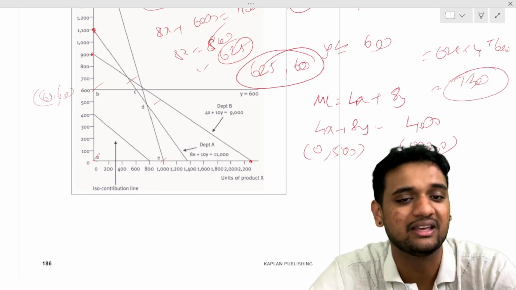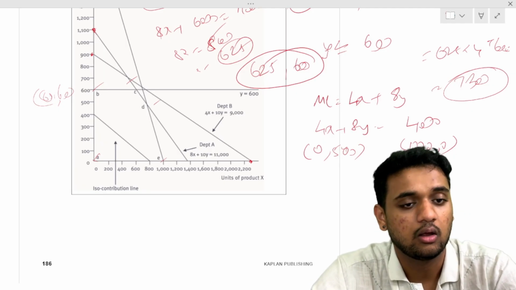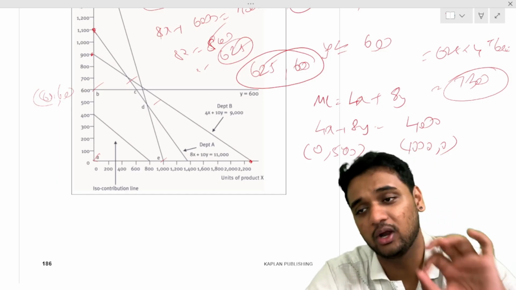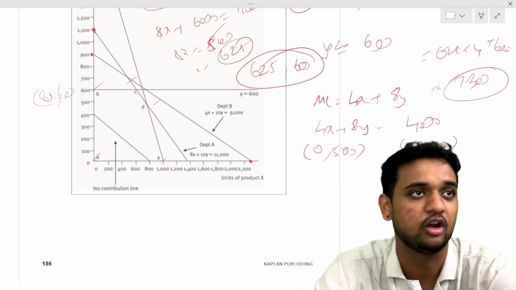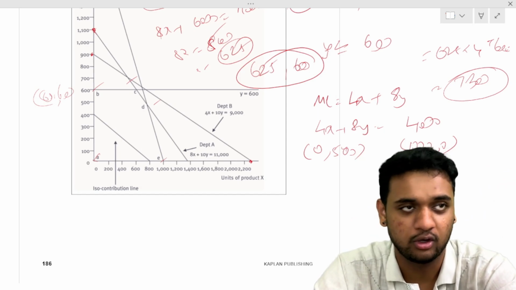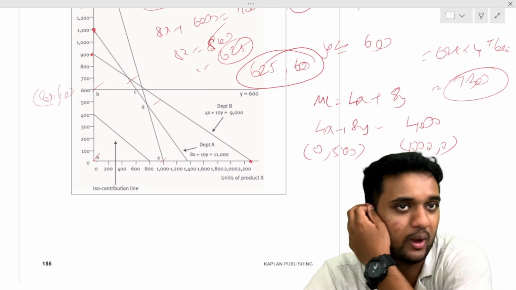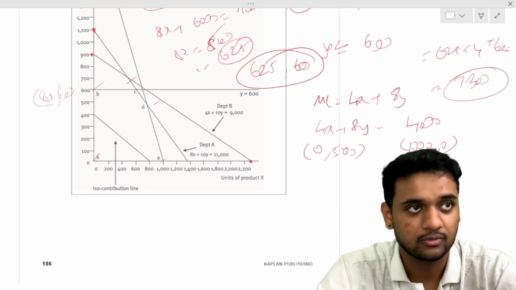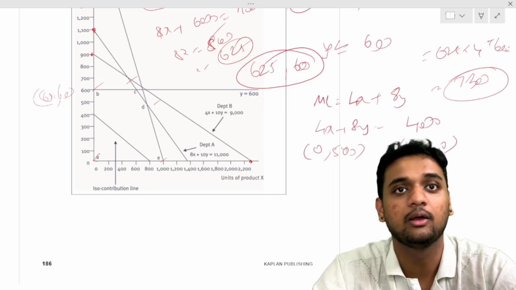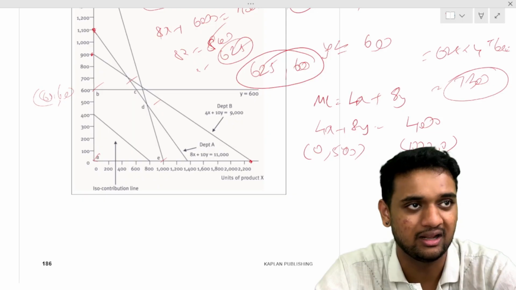What did we do in the previous case? We drew our iso-contribution line. For that, we have maximum contribution, which is equal to 4x plus 8y. For that we take a random number, 2000 or 3000, which is divisible by both 4 and 8, a whole number.